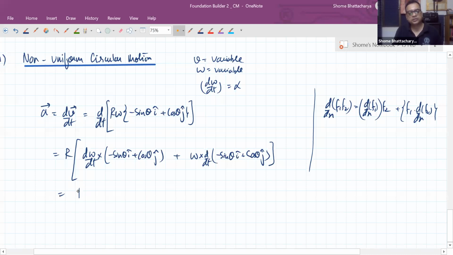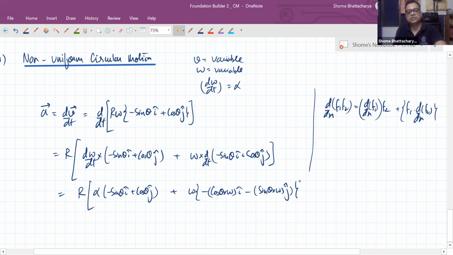So now we can see that d omega by dt is nothing but alpha, and is this okay? Whereas we've already seen that the differentiation of this term will become minus cos theta omega i cap and again minus sin theta omega j cap.